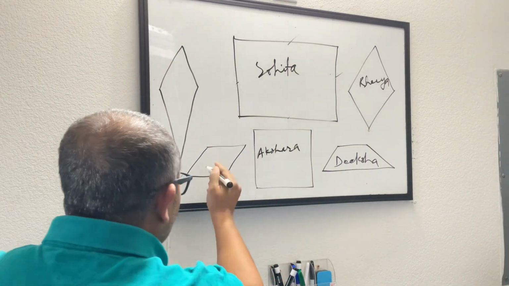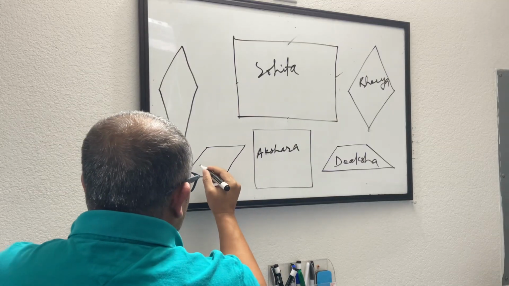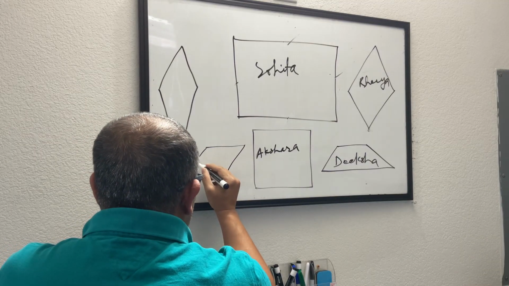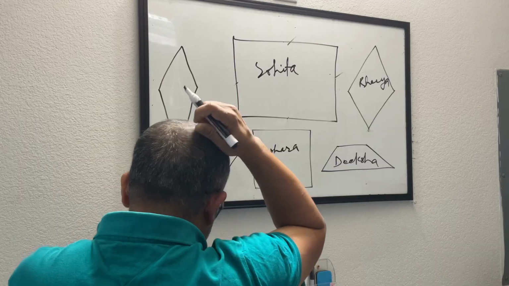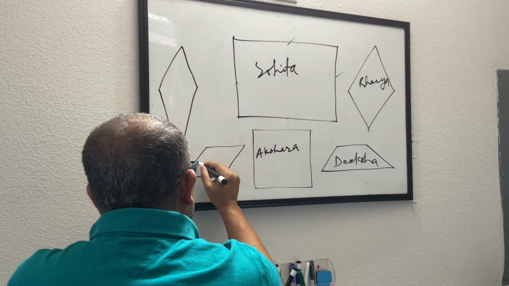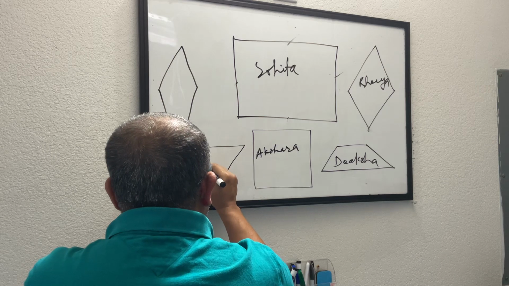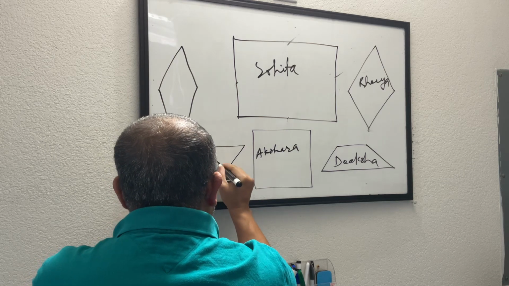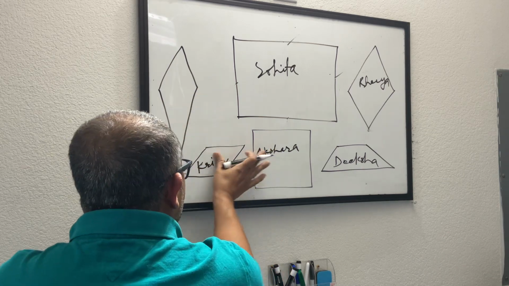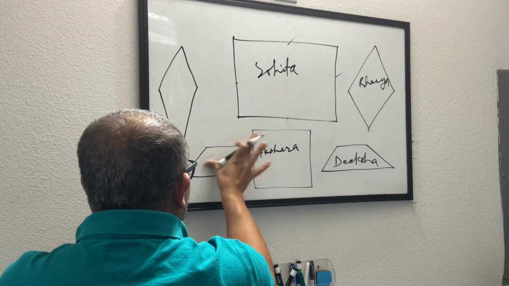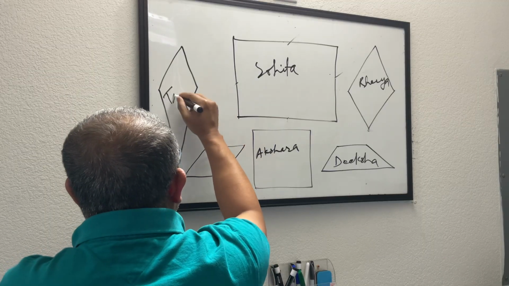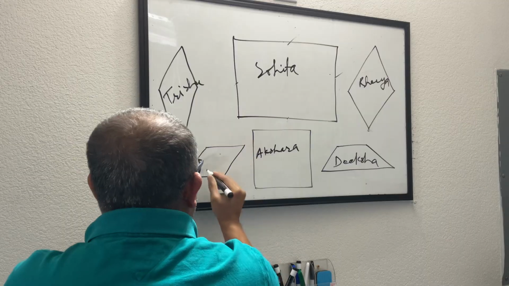How about the trapezoid? How about this one? This is, I forgot the name. And since we are talking about only girls, let me put my daughters' names. This is Trisha, and this is Moira.